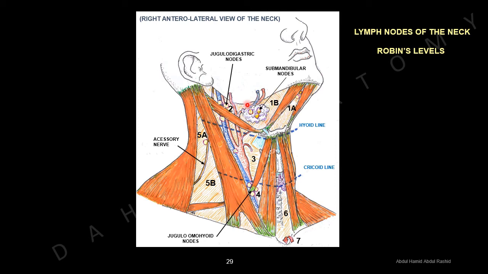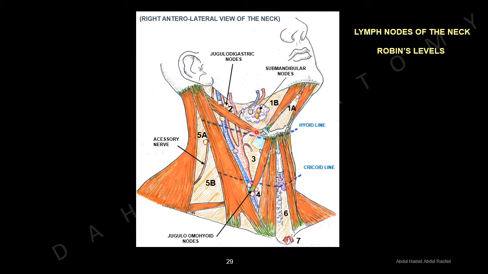The anterior part, where we have the submandibular salivary glands and submandibular lymph nodes, we call Robbins level 1B. Posterior part, if you see here, this is the internal jugular vein crossed by the posterior belly of the digastric. We have another group of lymph nodes there called jugulodigastric nodes, that is Robbins level 2.